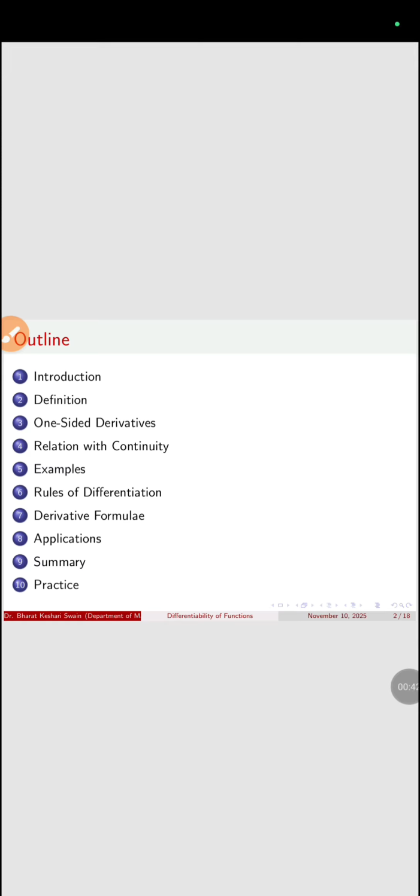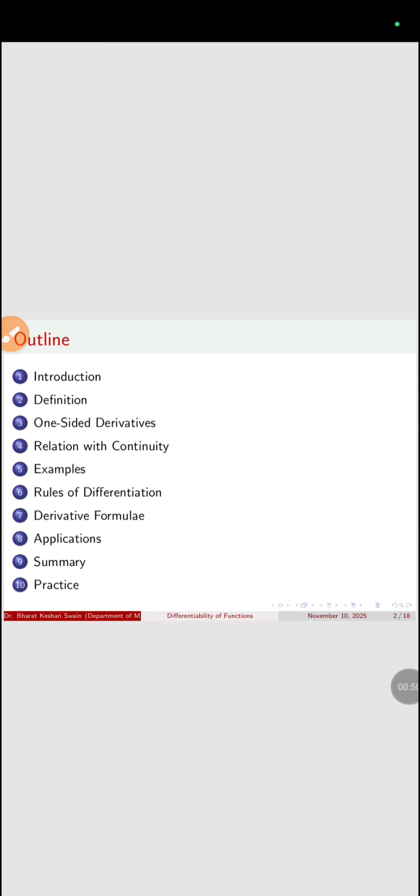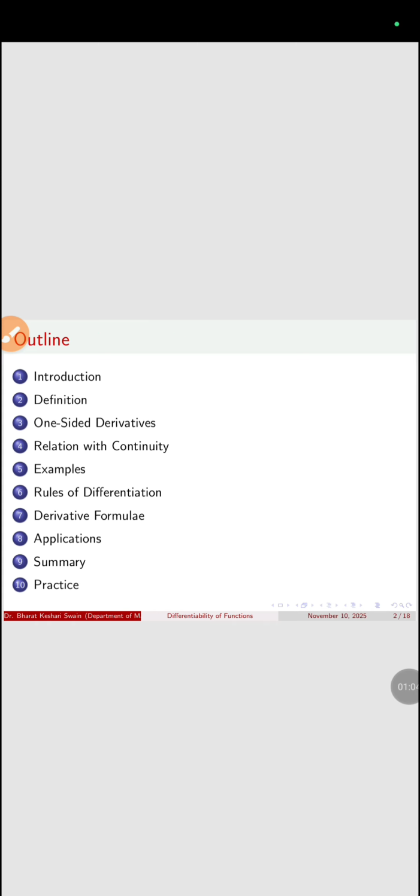First is introduction, then we will come to definitions, then one-sided derivatives, then relations with continuity, then some examples. Next will be rules of differentiation, then derivative formulae, and then applications, summary, and practice.